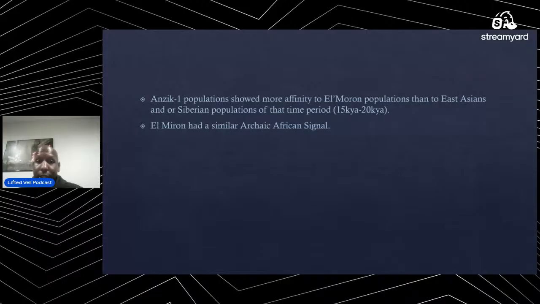Right here it's saying it's showing affinity to El Moran populations, but more than East Asians or Siberian populations at that time period, which was between 15,000 and 20,000 years ago, which is supposed to be the beginning of the differentiation of the Native American ancestors going through Beringia. El Moran had a similar archaic African signal.